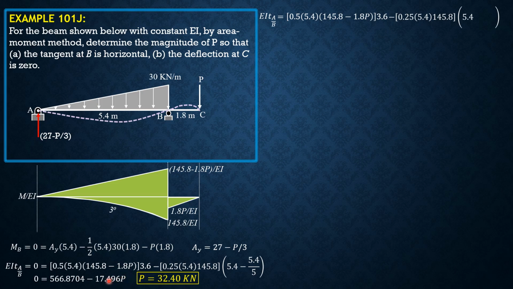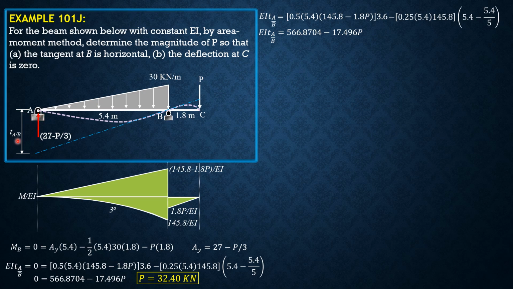So we get the same expressions, but this is EI deviation of A relative to B. So EI deviation of A relative to B is equal to quantity 566.8704 minus 17.496 P.